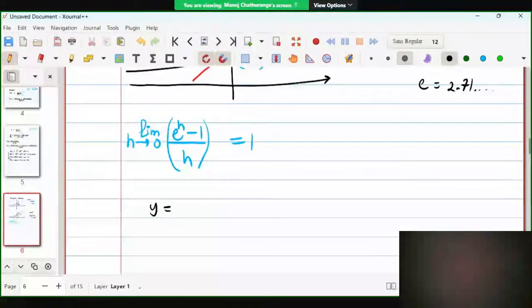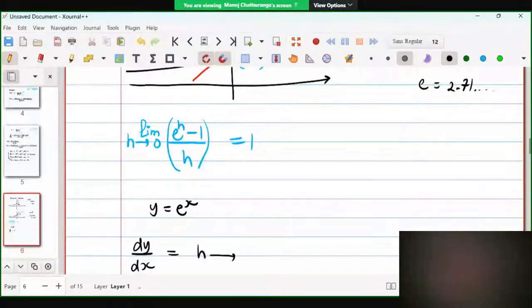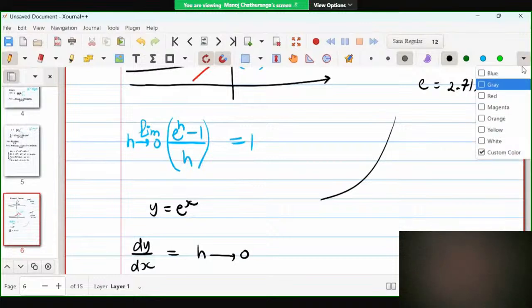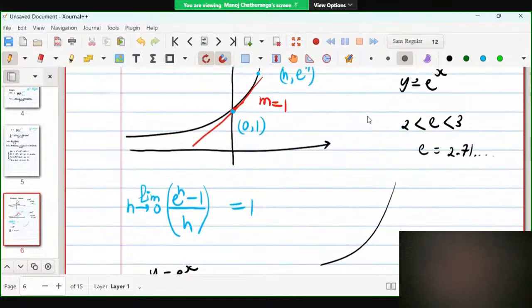So take the exponential function. Let's differentiate this function. Differentiate means draw the tangent line at any point. The limit that we computed is specific to the origin, but there are other tangent lines.